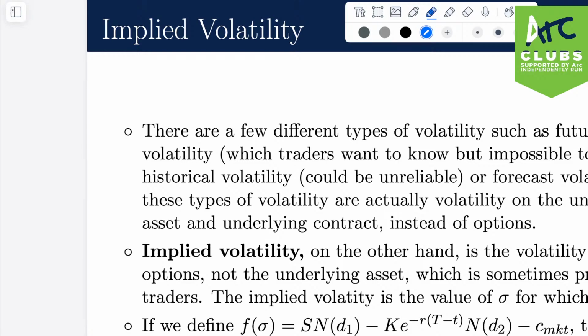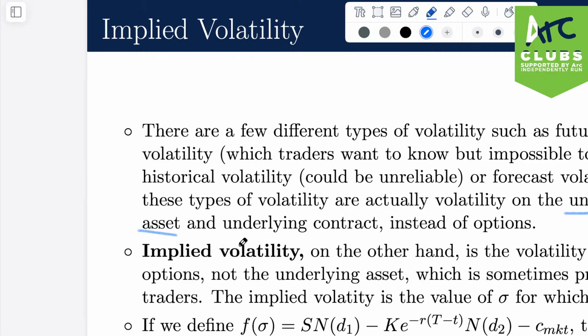But these three types of volatility are all volatility on the underlying asset or underlying contract instead of our option, right? We enter a contract to trade the underlying asset with the options. All these three types of volatility are on the underlying asset, not on options.